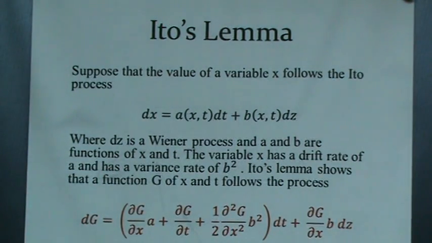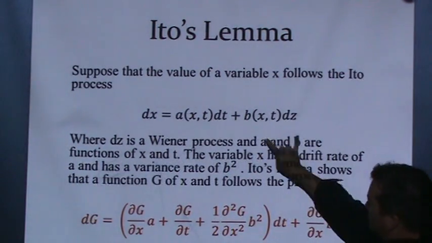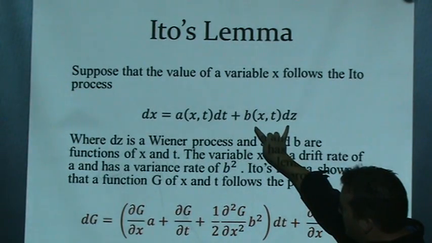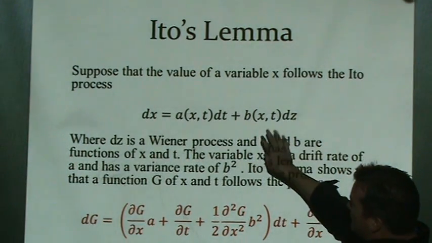I just have a question. Yeah? For the dz part, how is that not normal calculus? Can you show us how that's not normal? The idea is, why we couldn't just use, this is a differential equation.